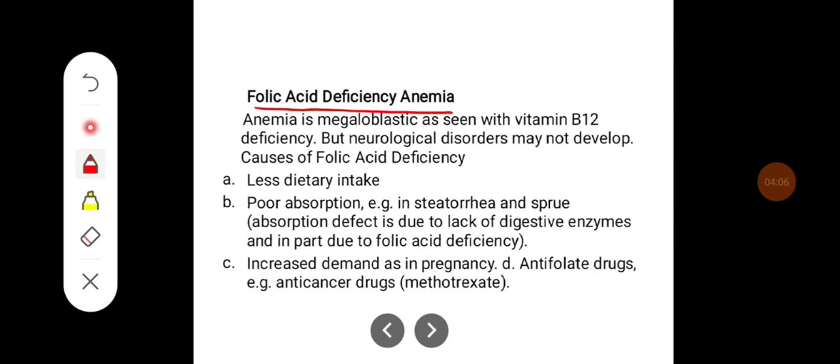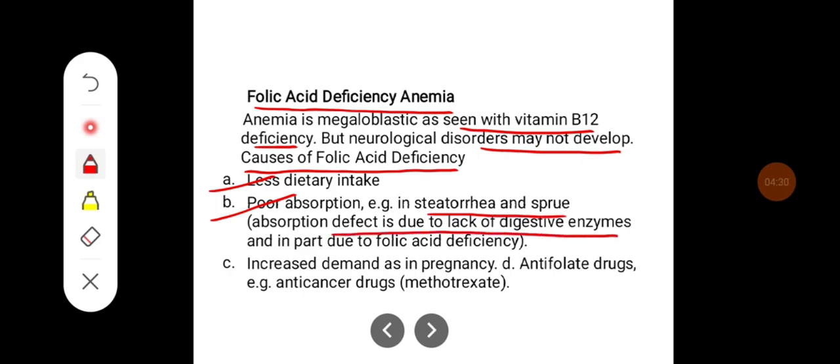Folic acid deficiency anemia. Anemia is megaloblastic as it is seen with vitamin B12 deficiency, but neurological disorders may not develop. Some of the causes for folic acid deficiency are low dietary intake of folic acid and poor absorption, that is steatorrhea and sprue, where the absorption defect is due to the lack of digestive enzymes and in part due to the folic acid deficiency.